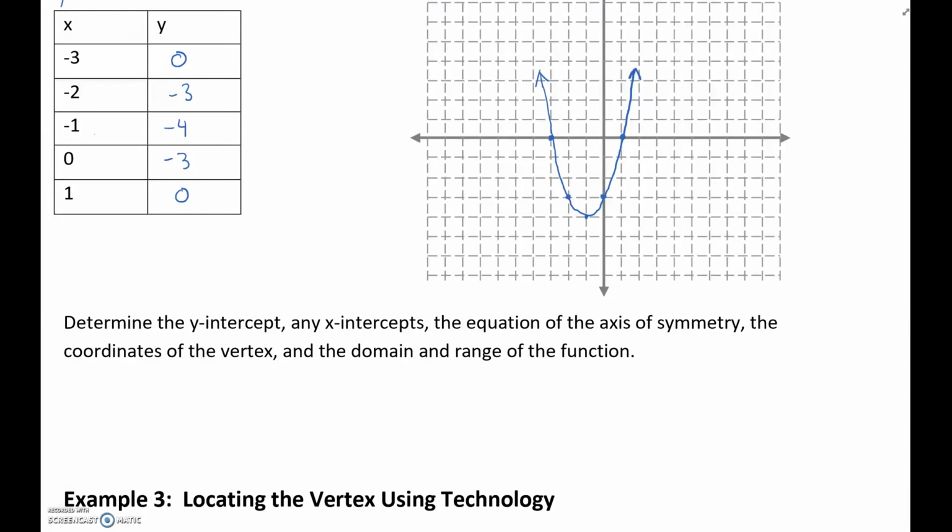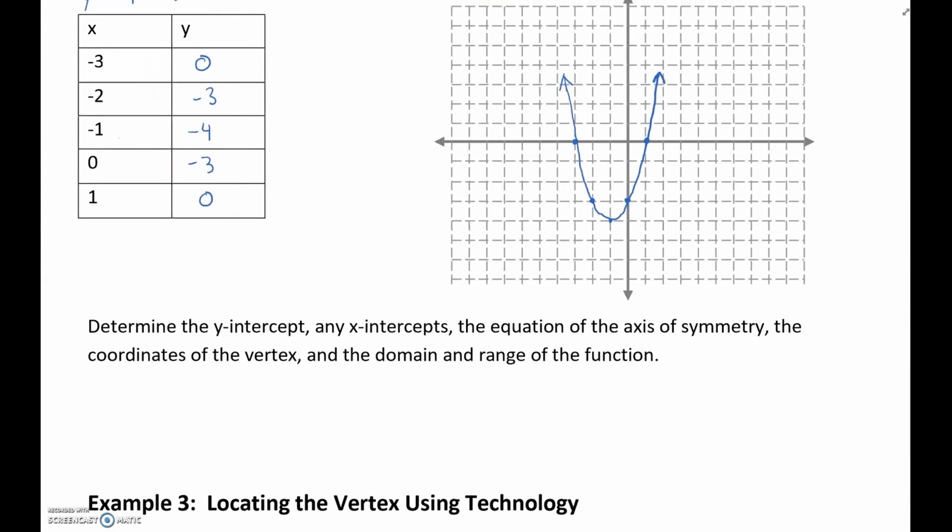So first of all, you can see our y-intercept. You can see it both in our table of values because we know the y-intercept is right here where x is 0, and you can see it here in our graph as well. So that's our y-intercept at -3. Our x-intercept, in this case, we've got 2. How do I know that?